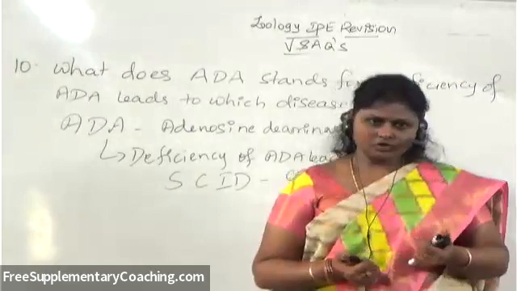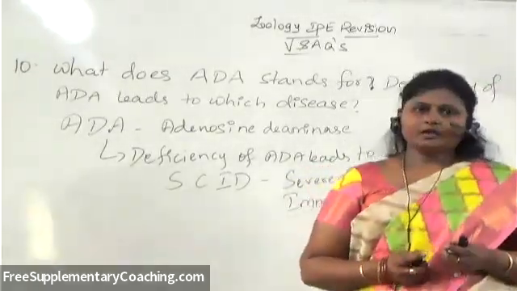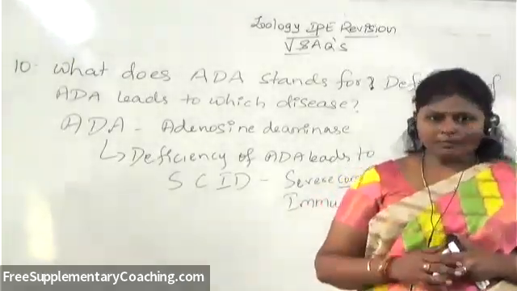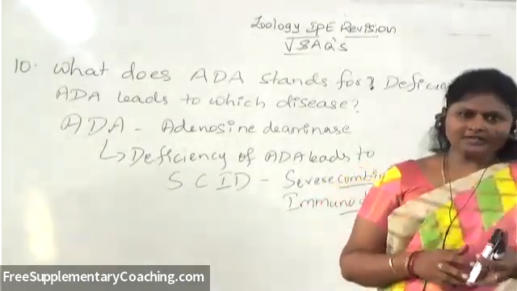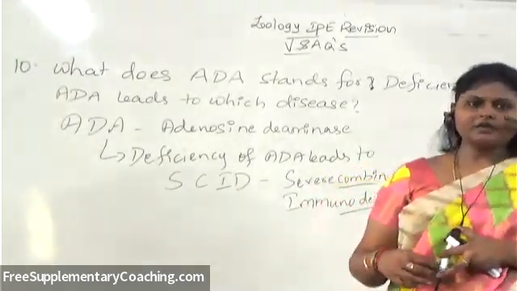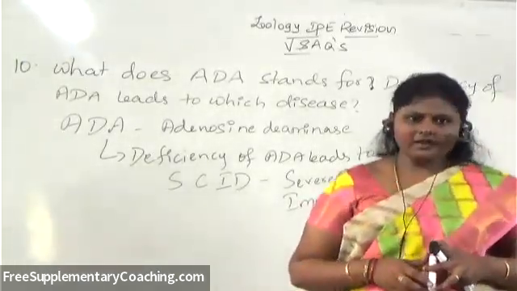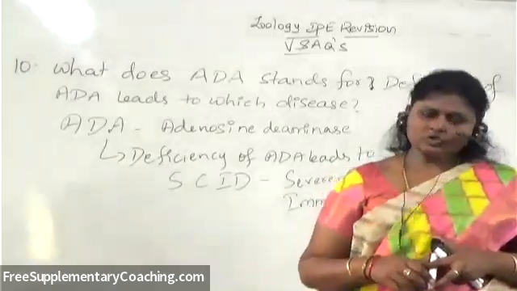Second question: differences between actin and myosin. Actin is a thin protein, myosin is a thick protein. Actin is present in light colored bands, whereas myosin is present in dark colored bands. In actin, the filaments are connected to the Z line, whereas in myosin, the filaments are connected to the M line.